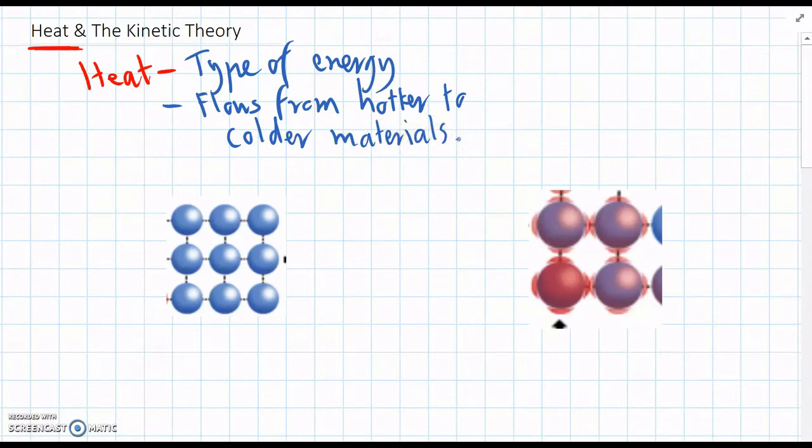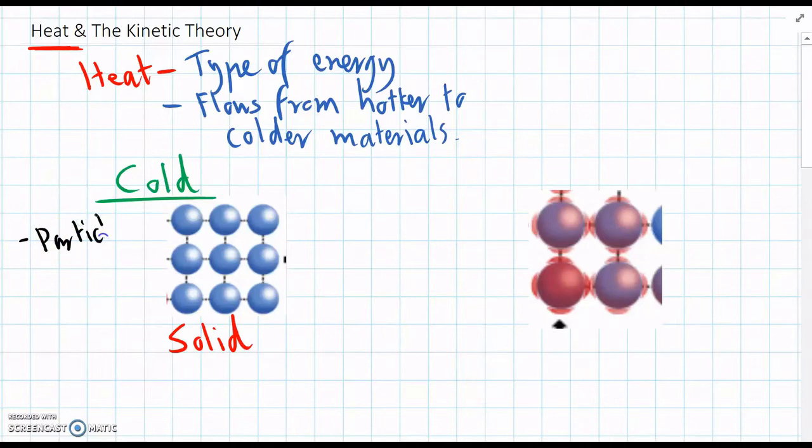So here are a couple of pictures of the particles inside an object. We've zoomed all the way in, and this is a solid object. Maybe it's the plastic in your mobile phone case. So here, this is an object that's cold. And what this means for the particles is that they're not moving and they're not vibrating very much at all, because they don't have a lot of energy.